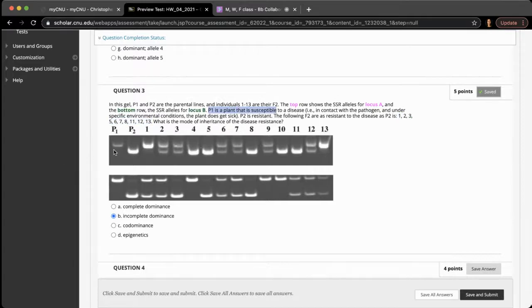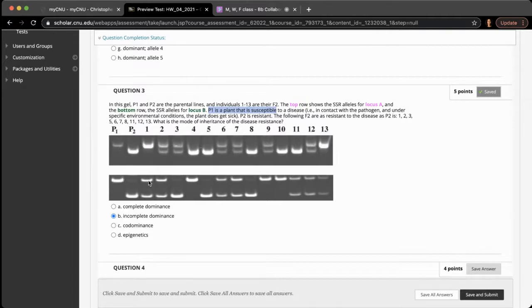You're like, doesn't look like this is involved because plant number one has the same profile as parent one for this locus, but this plant is susceptible, this is resistant. So it doesn't look like this locus is responsible for the resistance. Let's see on this one.